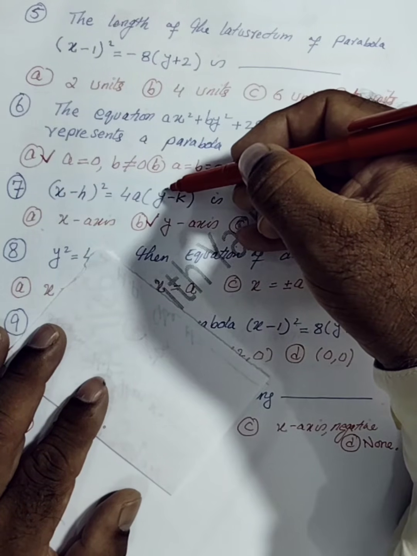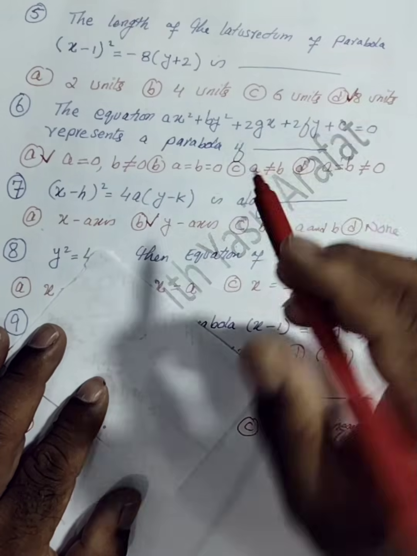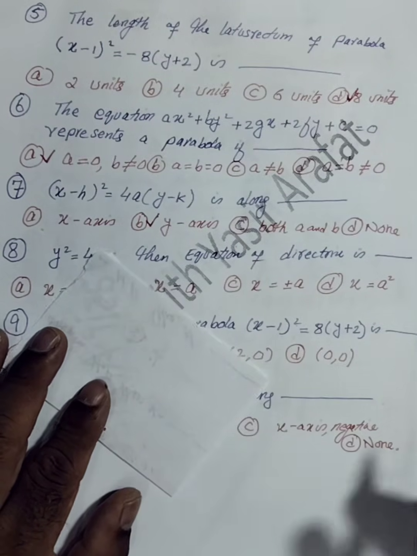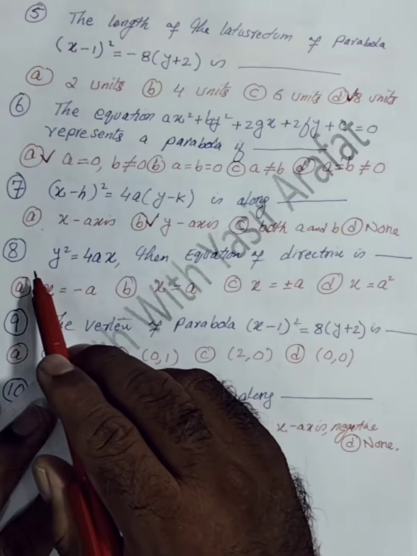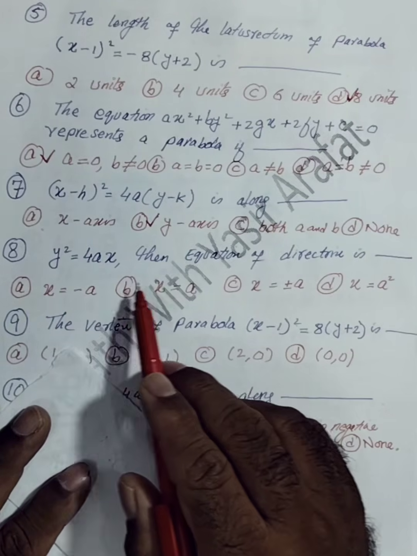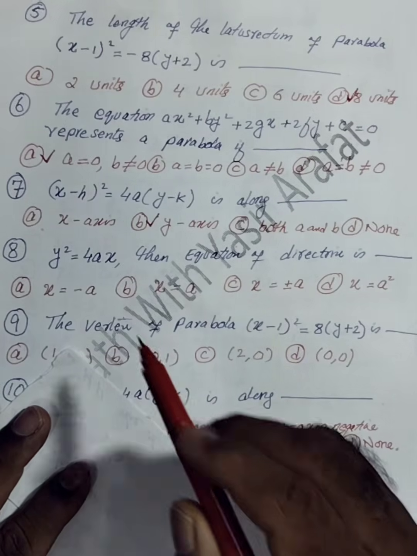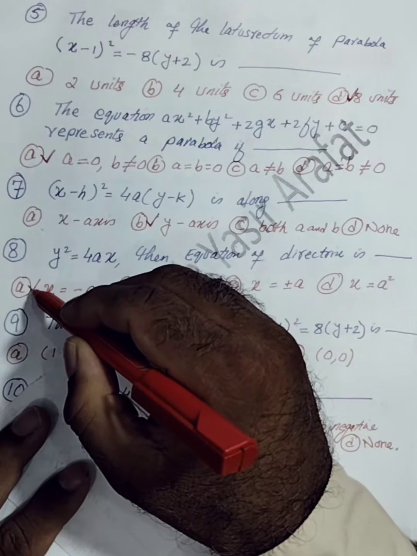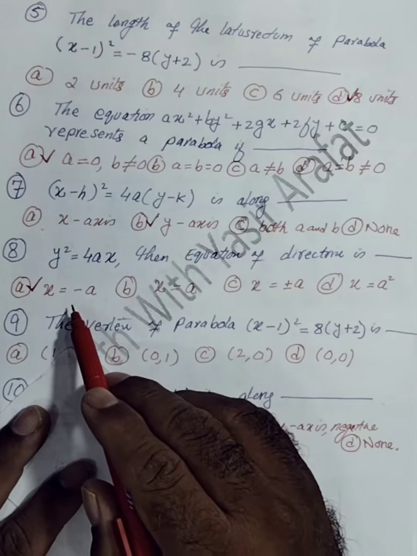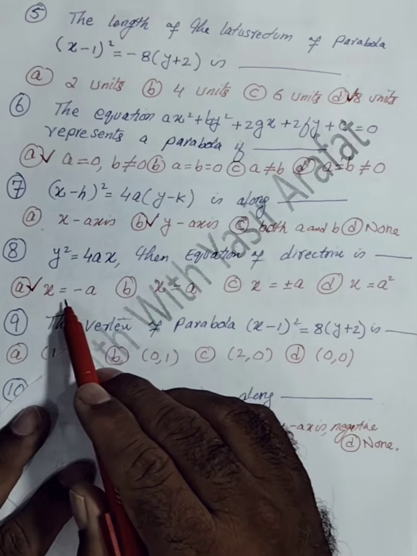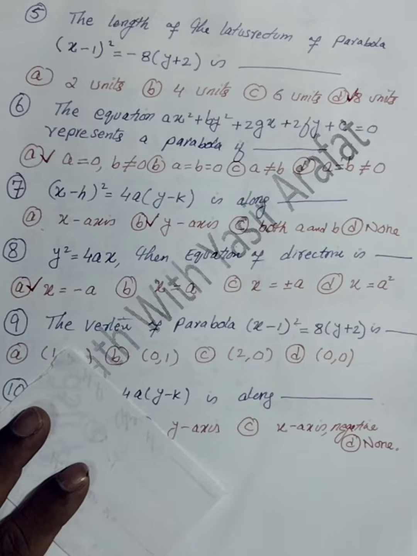So y has the power 1, that means it is along the y-axis. Now again y square equals 4ax, the equation of the directrix in this situation is x equals minus a.